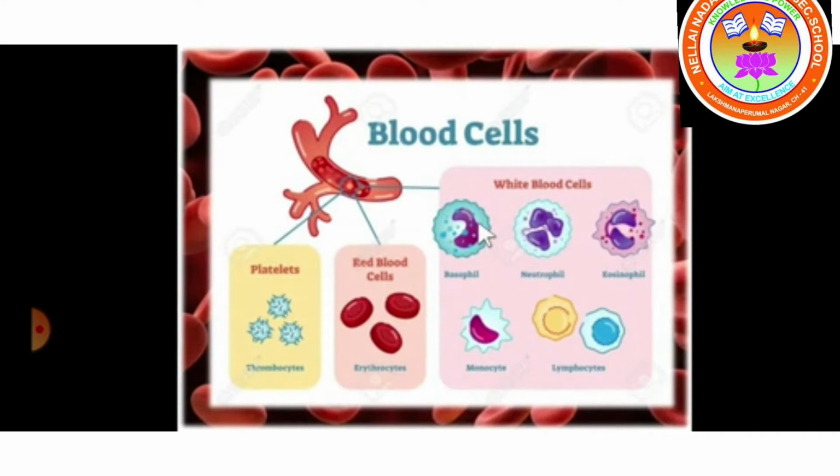Blood contains corpuscles, which are red blood cells. We can call the red blood cells erythrocytes.